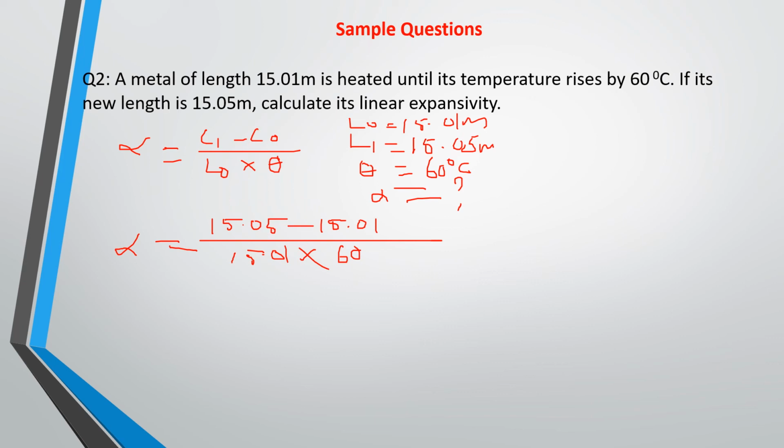So guys, if you work this one out, you are going to have that the linear expansivity is equal to 0.0004 per K. Is that okay? So work that out and then you see your answer. So I think this thing is easy.